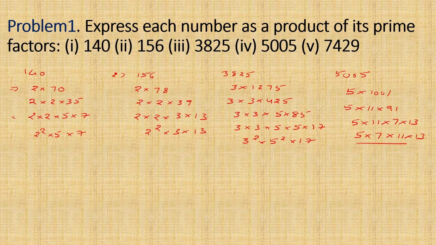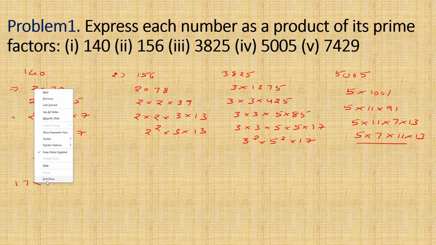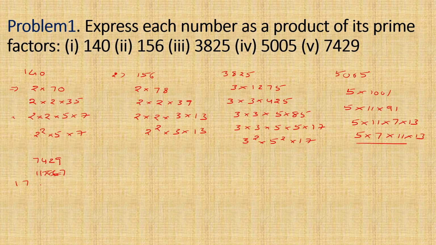Last thing is here, 7429. It is slightly divisible by 7 into 19 into 23, these 3.